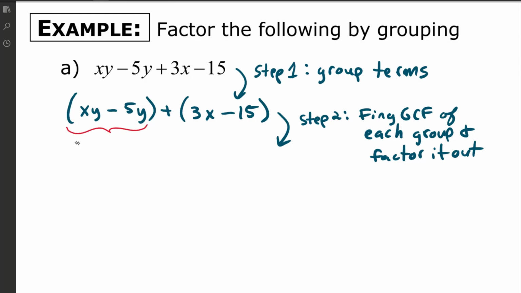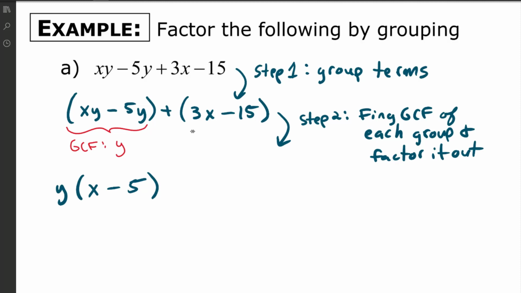In this first grouping, we have xy minus 5y. There is a common factor of y. That is what I want to factor out in front of my parentheses, and left behind, after I pull the y away, will be an x by itself and a minus 5 by itself. So the y comes out front, and then the x and the minus 5 are left behind.